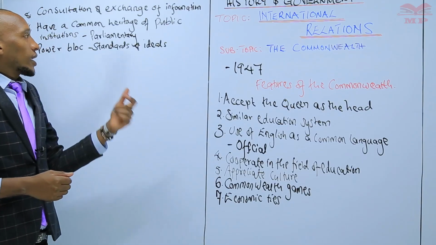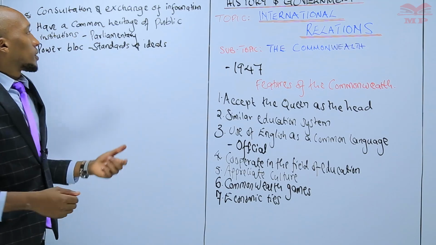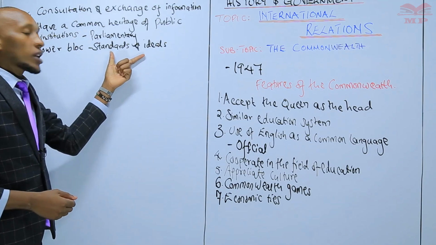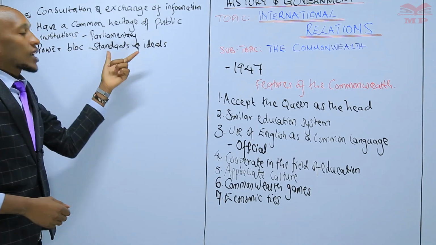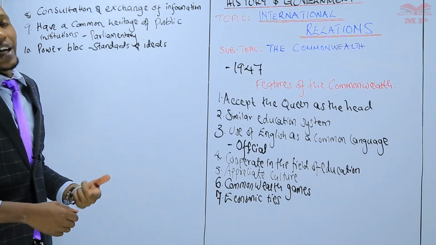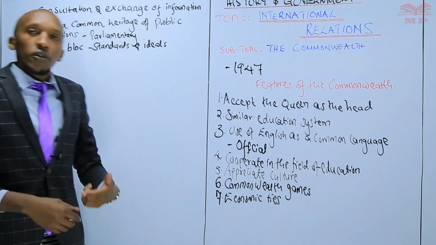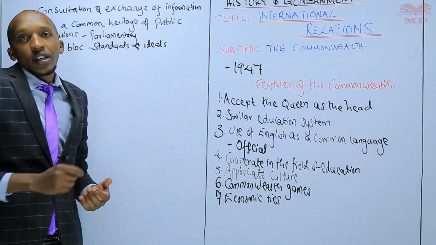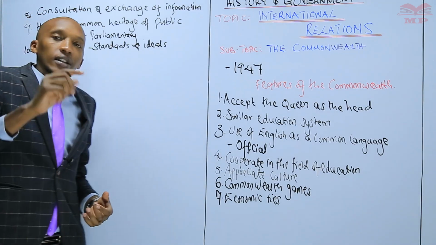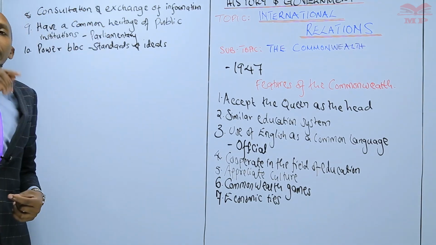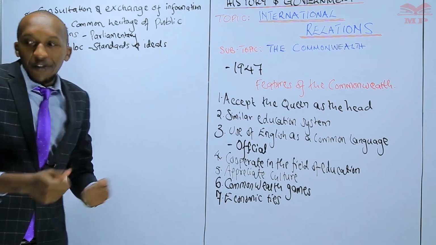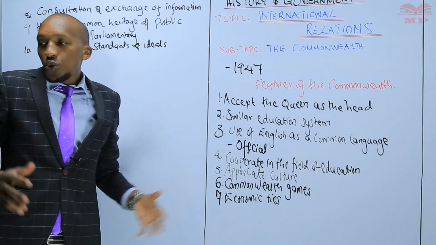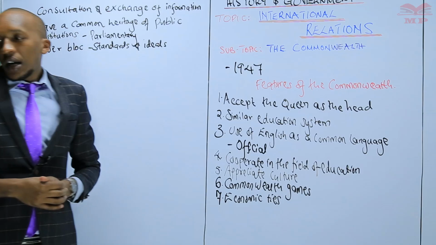So that is another feature. But of importance to note here, they have standards and ideals. That means members of the Commonwealth have certain beliefs. They have certain standards that they have to meet. They have the ideals that drive them, or along which they have been crafted.